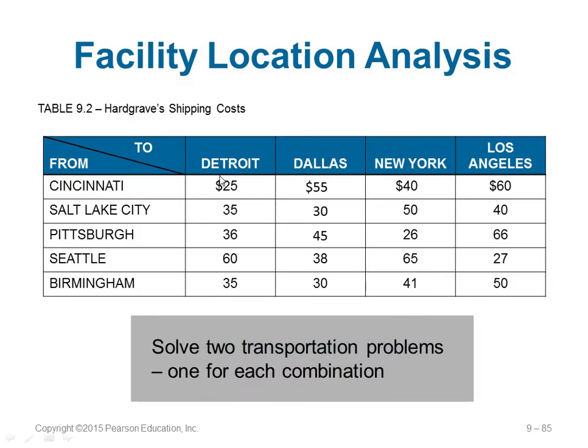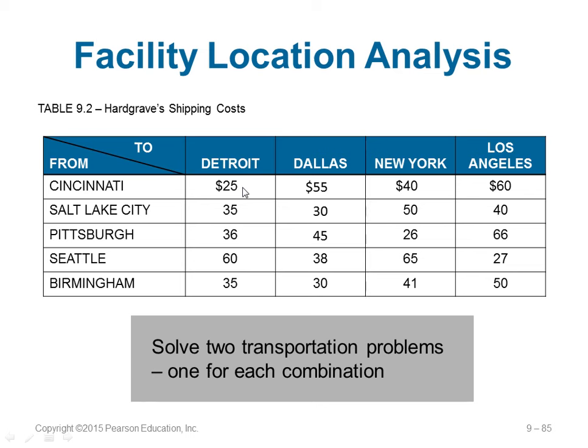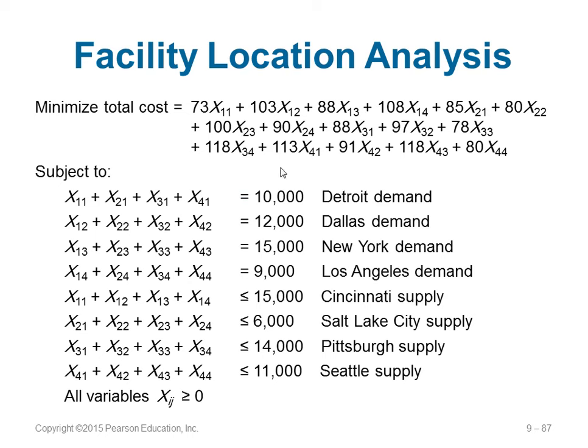The shipping cost is 25. Remember, you have to include not only the shipping cost but also the production cost. At Cincinnati, producing one unit is $45, and transferring it to Detroit is $25. So you add these two together, 45 plus 25, you get 70.